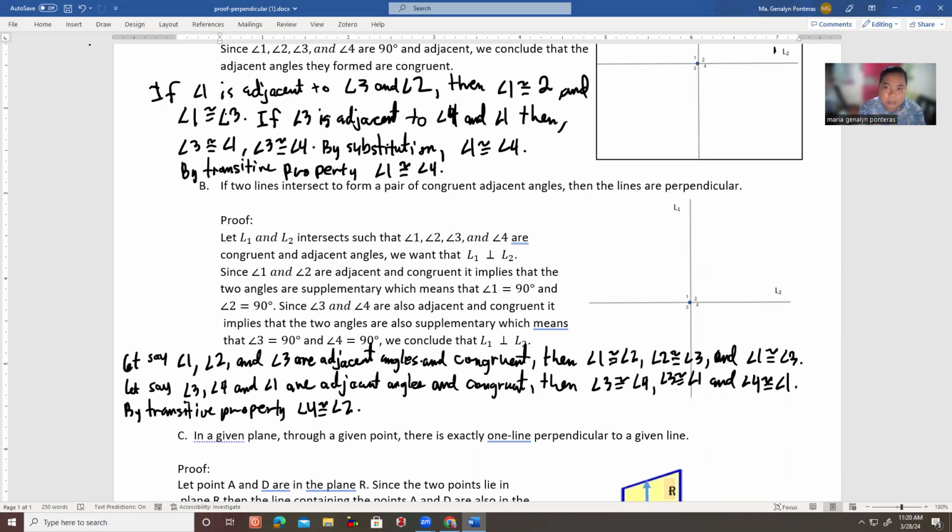But how can we prove that they are perpendicular lines?